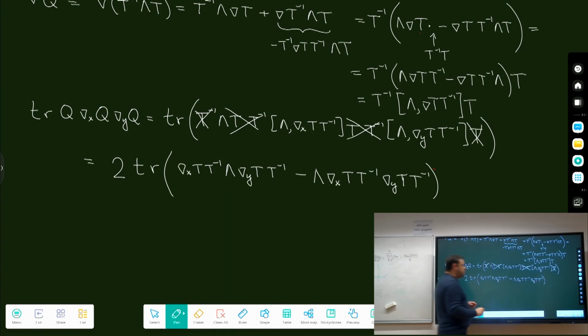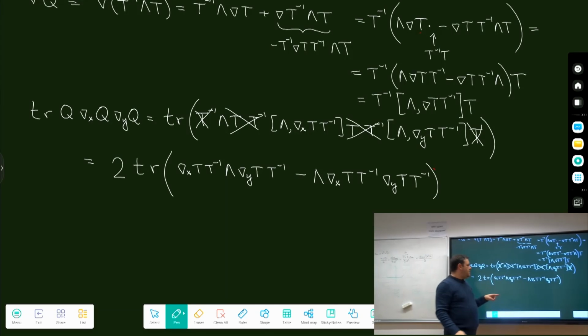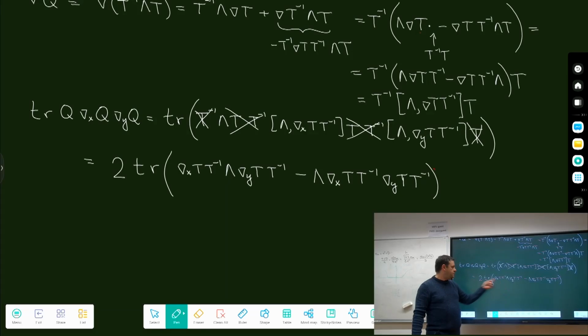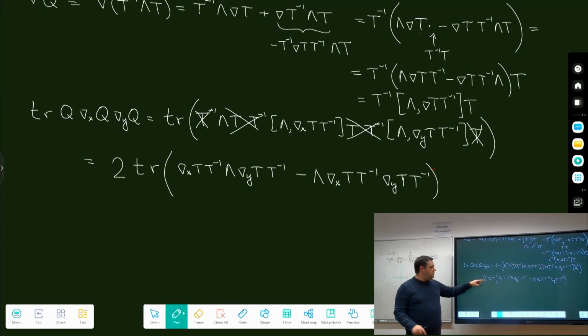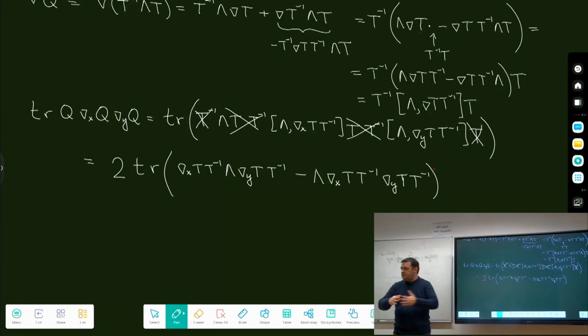So I claim that there are 4 terms in total if you open these brackets, but actually there are twice this term and twice this term. So these are the 4 terms. And to see this, you maybe have to do some cyclic permutation under the trace, like taking this lambda and putting it at the end. So I always have these 2 gradients, x then y, and then lambda enters either between them or on one of the sides, and the 2 other lambdas cancel out because lambda squared is 1.